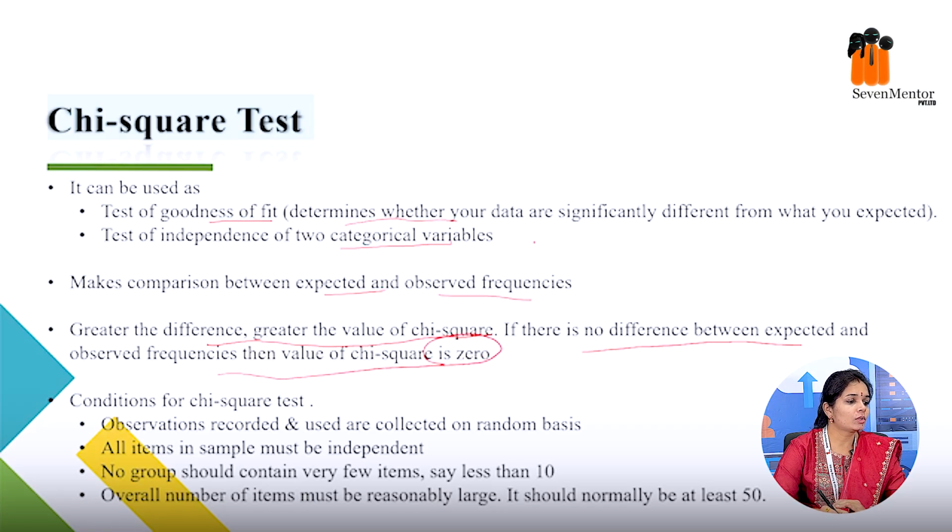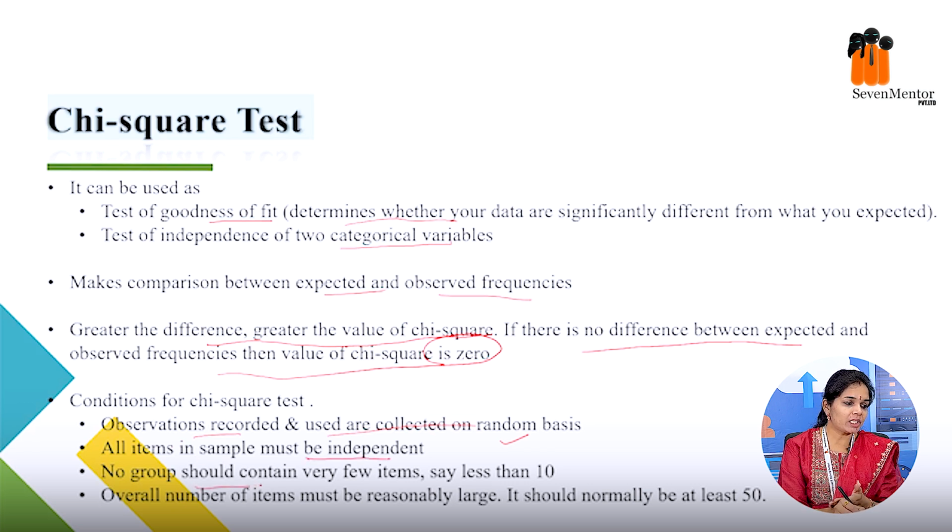So what are the conditions for this chi-square test? Observations recorded, used or collected must be on a random basis. The first topic today we covered was random variable, right? Random sample, that is also what we take randomly, correct? All items in the sample must be independent.